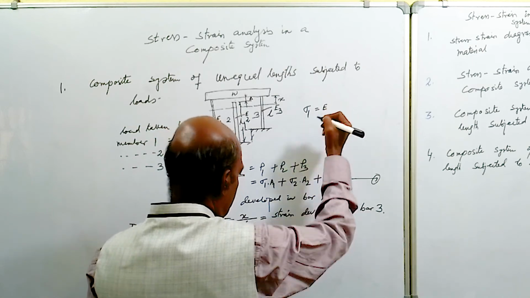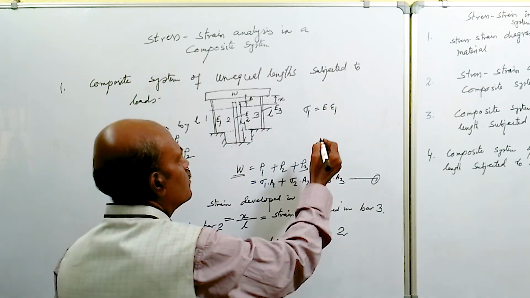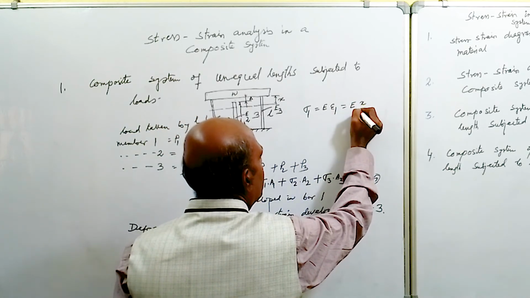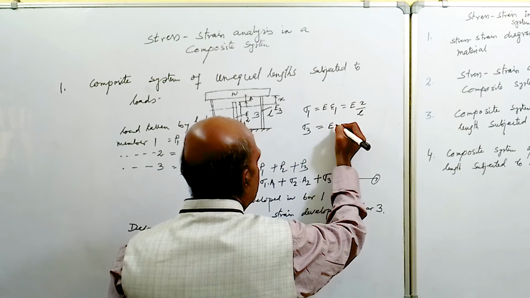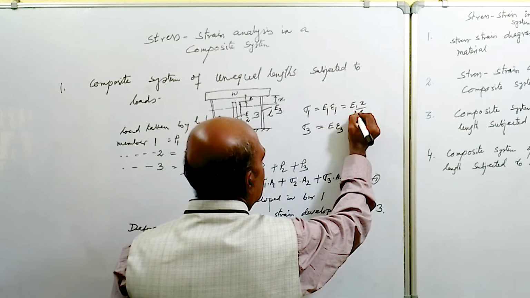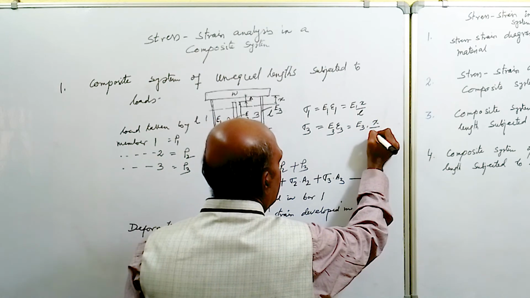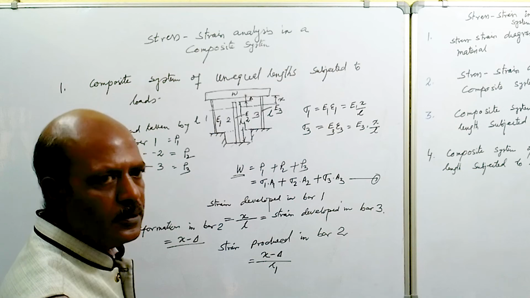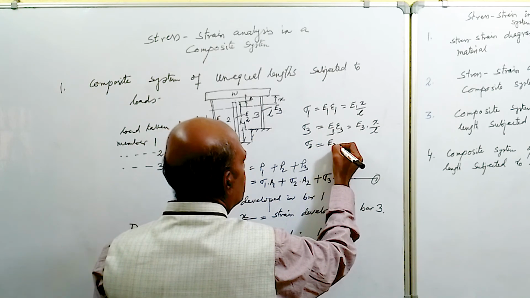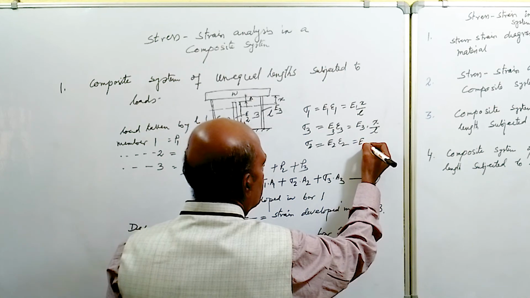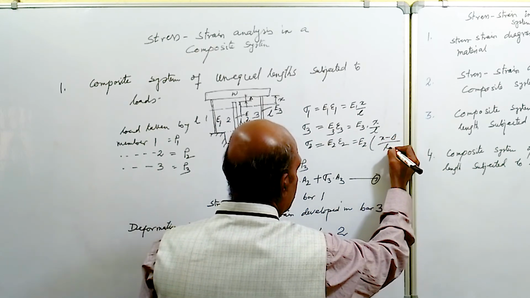Sigma 1 is equal to E1 into epsilon 1, and epsilon 1 is x by L. Similarly, sigma 3, the stress developed in bar 3, is equal to E3 into epsilon 3, which is x by L. And the stress developed in bar 2, sigma 2, is equal to E2 into epsilon 2, where epsilon 2 is x minus delta divided by L1.